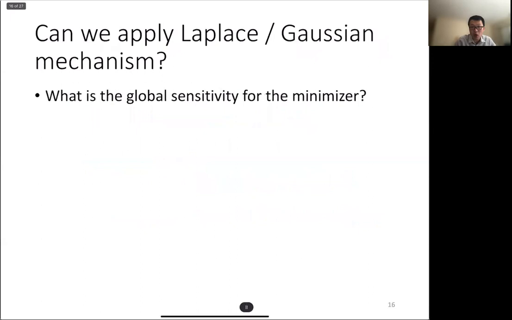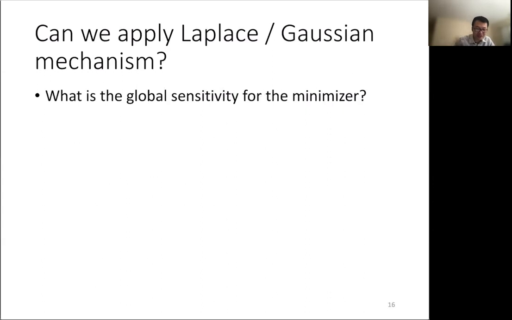Okay, so that's all we need from convex optimization, and now let's apply what we've learned to design differentially private algorithms. The first algorithm that makes sense for us to consider is whether we can just make use of the Laplace mechanism and Gaussian mechanism that we learned in the previous lecture to solve this problem.